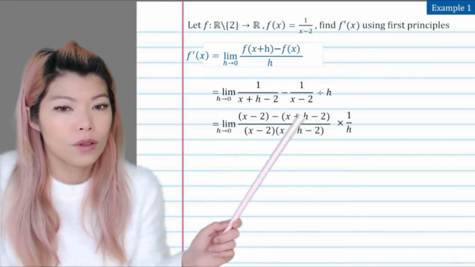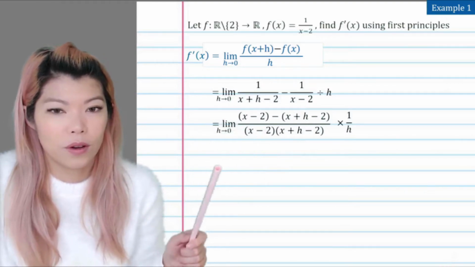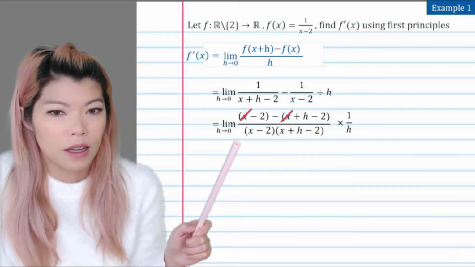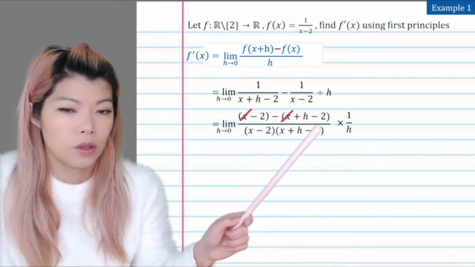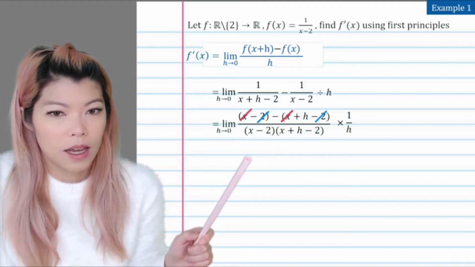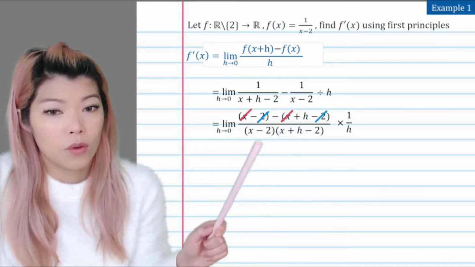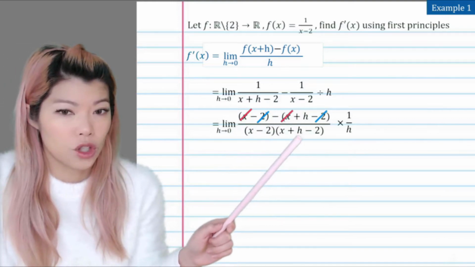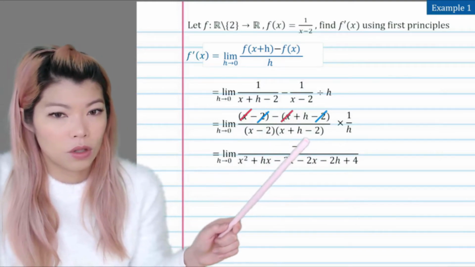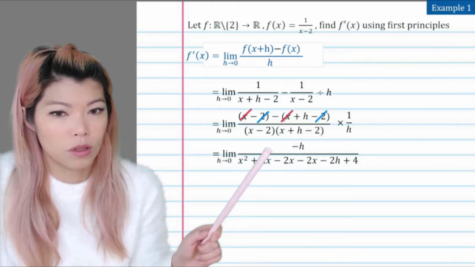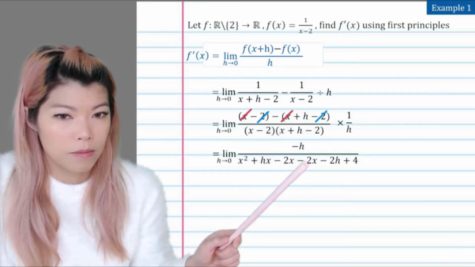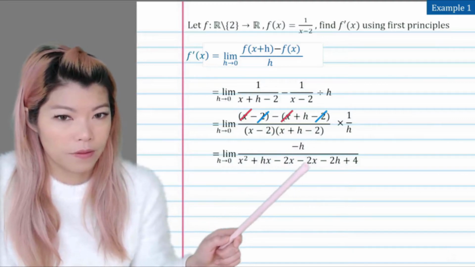And now we can cancel a few things before we have to write all of this over again. So the x minus x disappears, and the minus 2 minus minus 2, which is plus 2, also disappears, and we're left with minus h. And then we have to expand this. So x times x is x squared, x times h is xh, x minus 2 times minus 2 is minus 2x, and then we expand the minus 2 times all of that, becomes all of that over there.